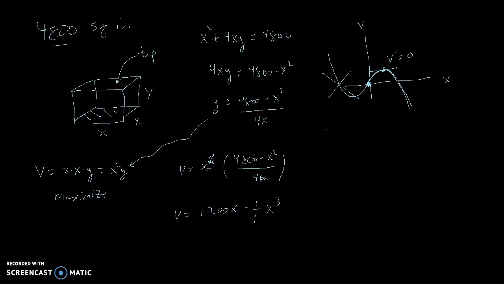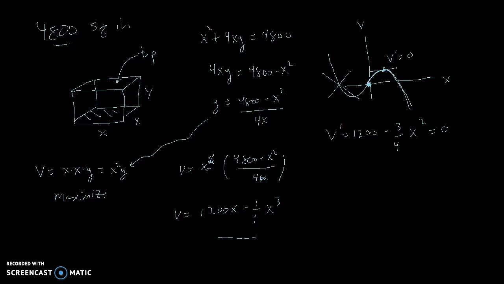We calculate V prime. Here's our V. V prime is 1200 minus, when we bring down the 3 times 1/4 makes 3/4, x squared. And we set that equal to 0 because the solution occurs when the derivative is 0.